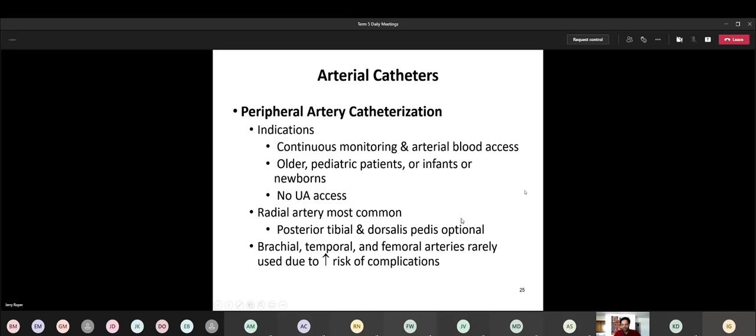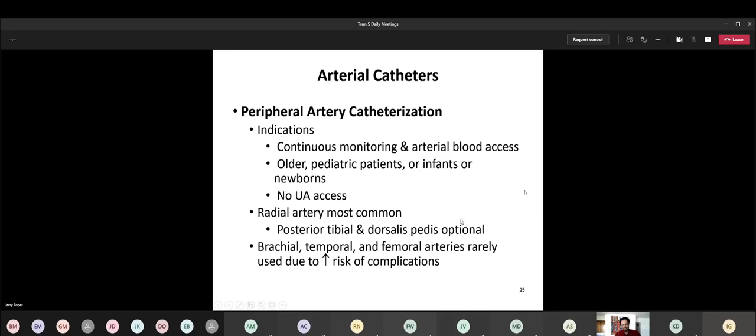Mostly it will be the radial artery, but again, if you can't get good collateral circulation on either of the radial arteries, you're going to have to now consider the foot, like maybe the dorsalis pedis or the tibial. And it says here that the brachial, temporal, femoral, rarely used.